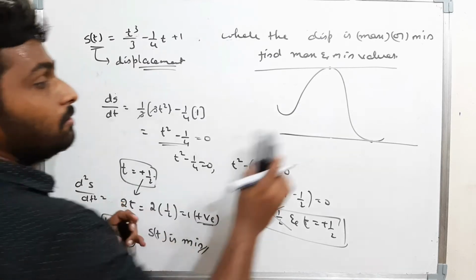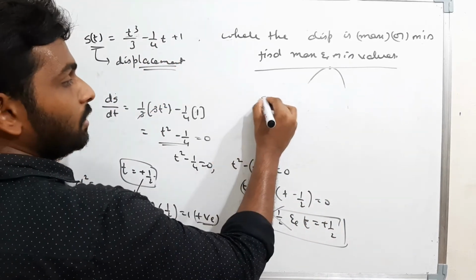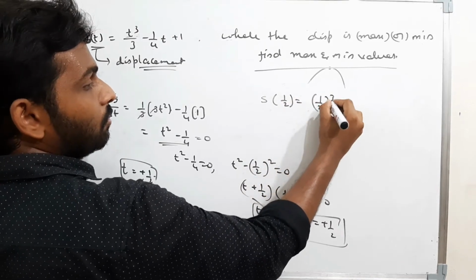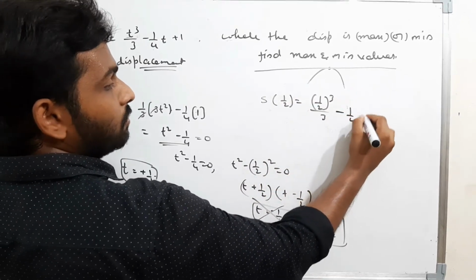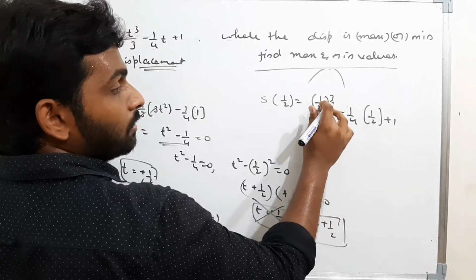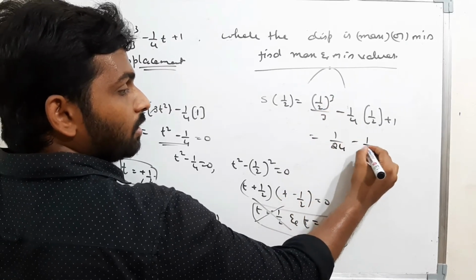And what is the minimum value? Just put this t in the equation. S of 1 by 2 is equal to 1 by 2 whole cubed by 3 minus 1 by 4 into 1 by 2 plus 1. 1 by 2 whole cubed is 1 by 8, therefore 1 by 24 minus 1 by 8 plus 1.